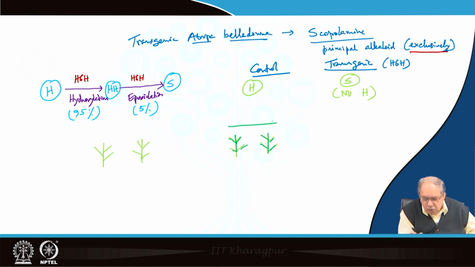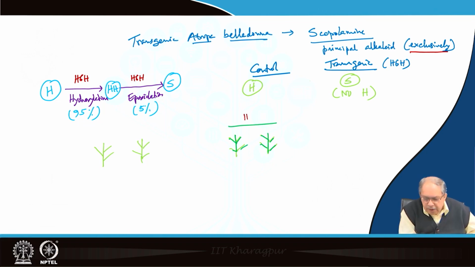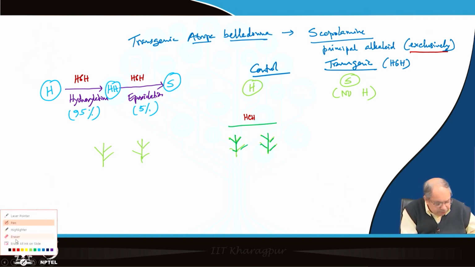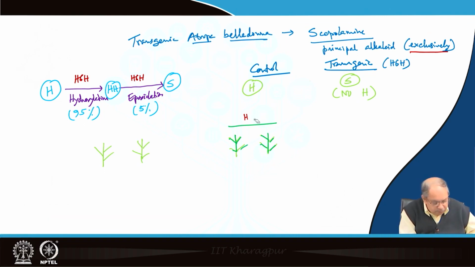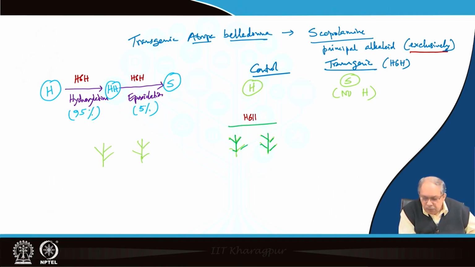Transgenic means these are tobacco lines where H6H is expressed, and this is the wild type.